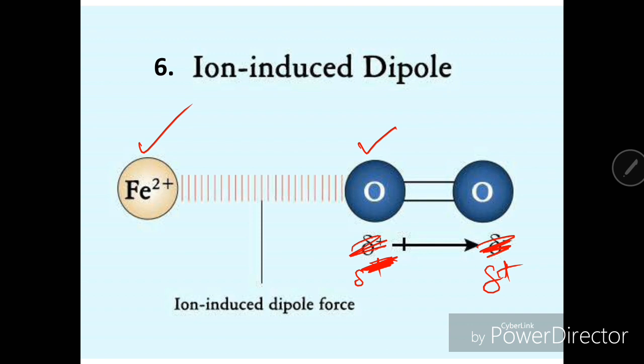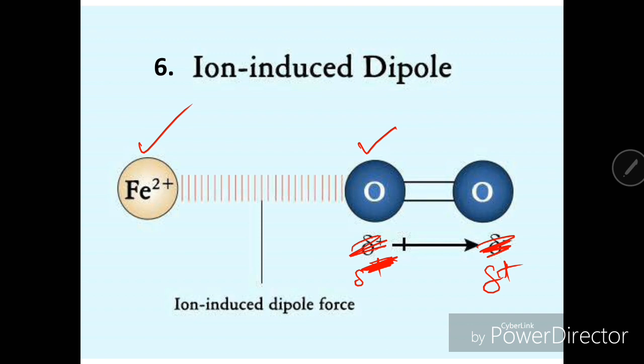In the diagram this is shown wrong. Why? Because Fe plus 2 is attracting the electron pair towards it, and therefore the oxygen near the Fe2 plus becomes partial negative, and the other atom becomes partial positive. Now the oppositely charged end of the oxygen molecule will interact with the ion, and therefore ion-induced dipole interactions are formed. This kind of interaction is weaker in comparison to the ion-dipole interaction.